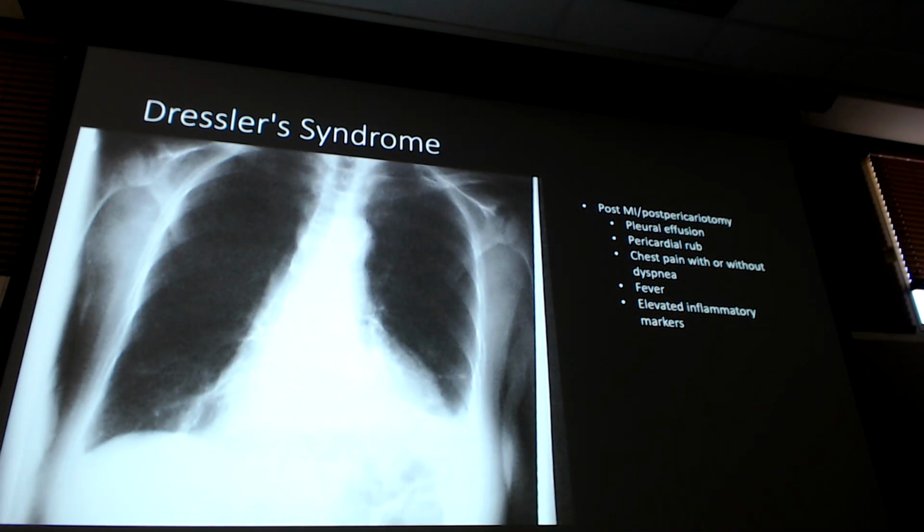I even gave it its own slide. I recognize that the lung tissue on this X-ray is trash. I recognize that it's underexposed. I don't care because I'm showing you the pleural effusions, which you can see clearly with the bad technique, right?